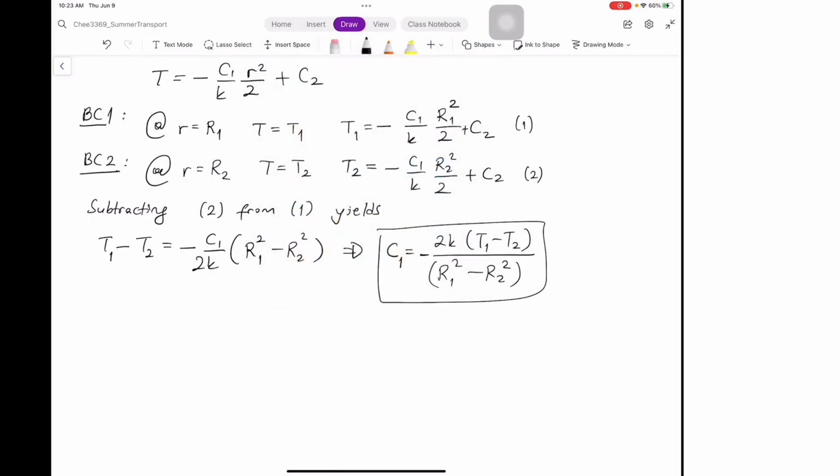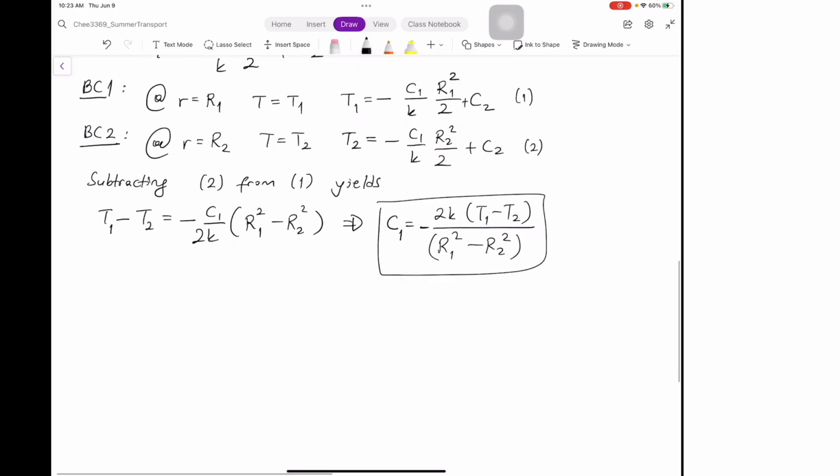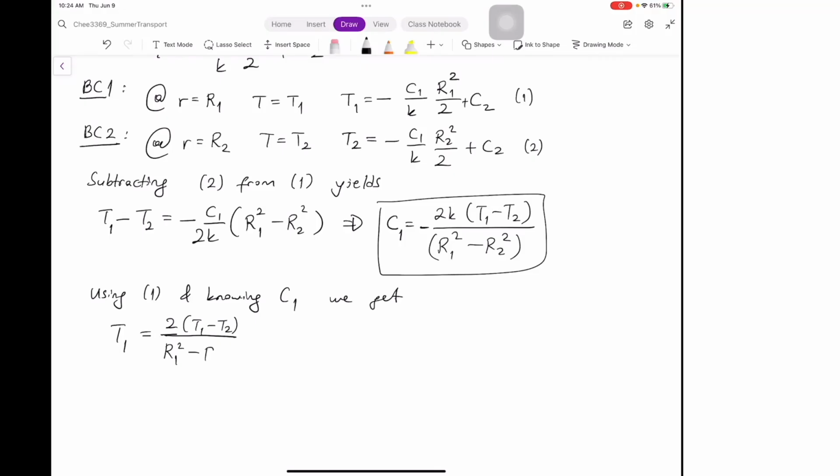Knowing C1, you can actually write down C2 using equation 1. We get T1 is equal to minus C1 over K. I can just write it as 2 times T1 minus T2 over R1 squared minus R2 squared. If there's anything that you cannot follow, please stop me at that point and I can clarify.